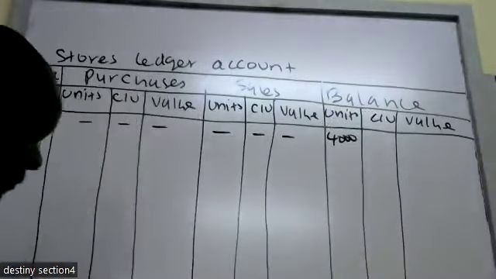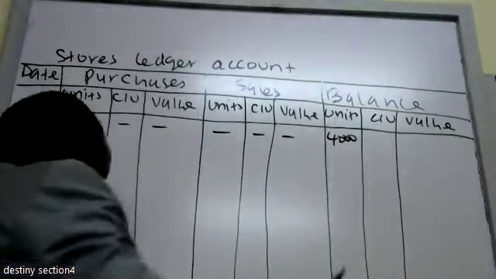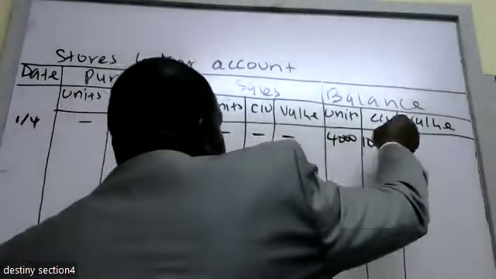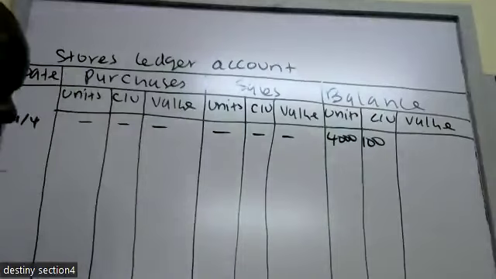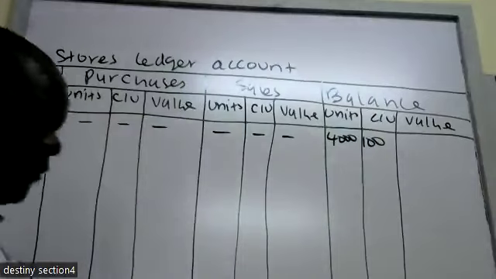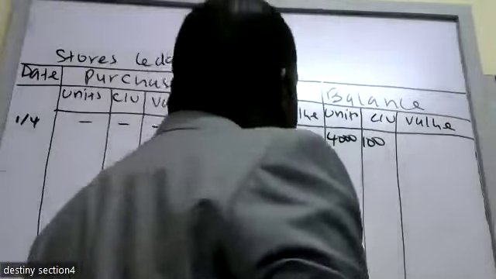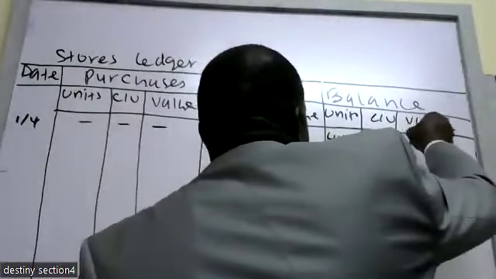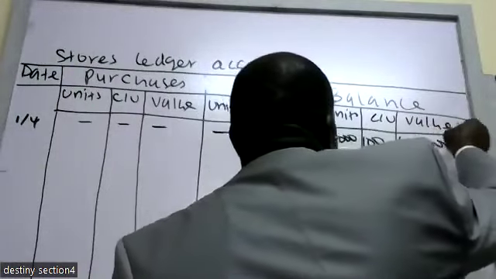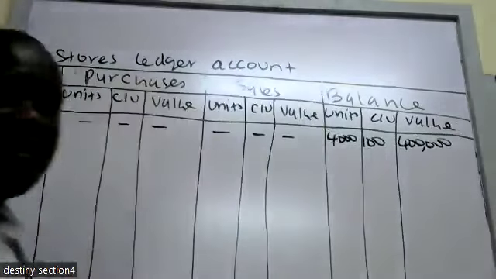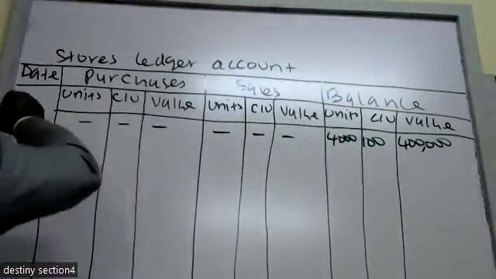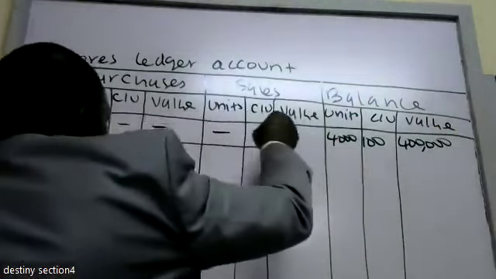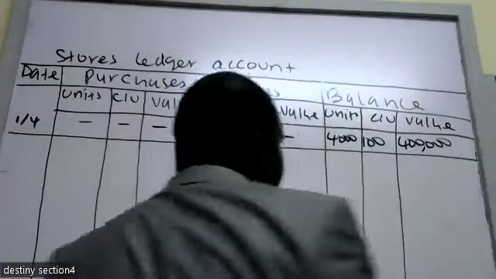The price per unit is 100. So when we multiply, it should be able to give us which figure? So this one is 400,000. So that is now as per that particular basis.